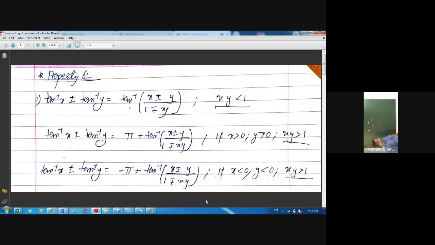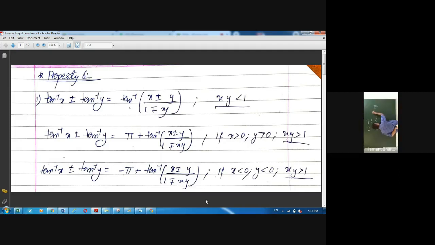In that case, if xy is greater than 1, you have two formulas. Tan inverse of x plus tan inverse of y can be written as pi plus tan inverse of x plus y upon 1 minus xy.